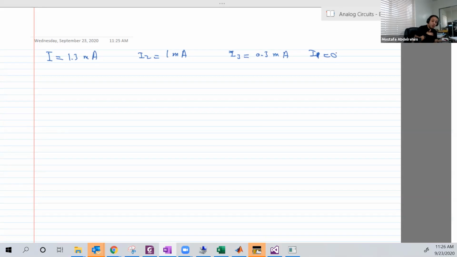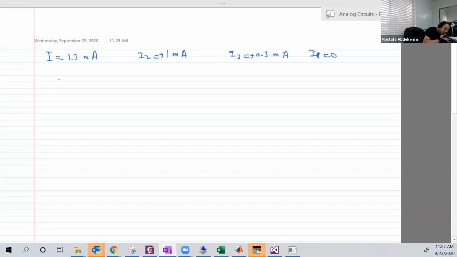But now we have matched results, because you assumed that D2 and D3 are on and you got positive currents through them, which is really good. Now, let's calculate VD1, so that we can know if our assumption that D1 is off is right or wrong.